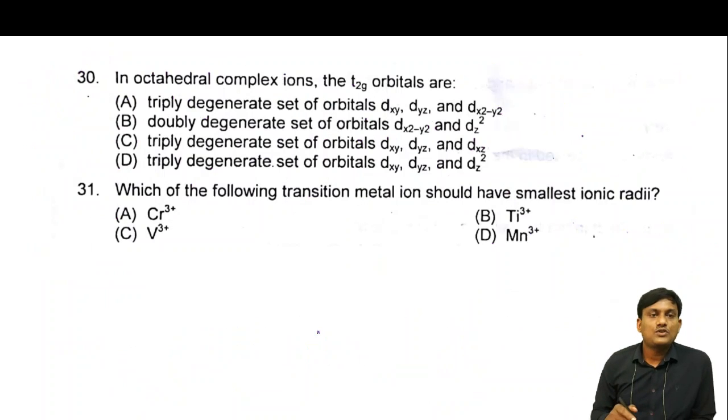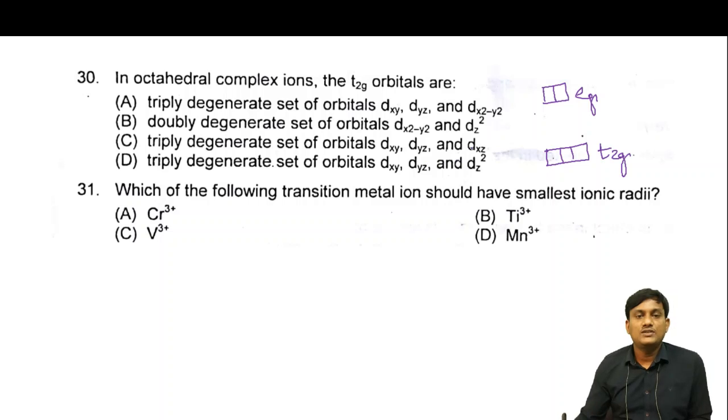In octahedral complex ions, t2g orbitals are, we know that in an octahedral complex there is a splitting of degenerate orbitals into two sets of groups, that is t2g and eg. In t2g we have dxy, dyz, dxz. In these orbitals the lobes are in between the xy axis, yz axis or xz axis.